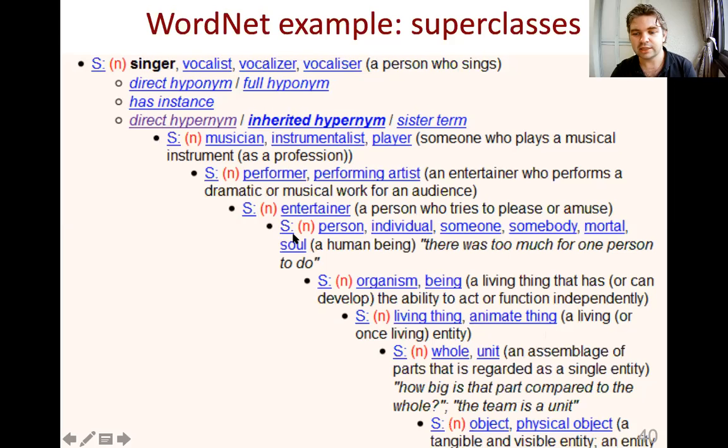So basically this is how the whole hierarchy looks, and you can see that there are multiple levels of hierarchy, right? There's an object, physical object, whole unit, living thing, animate thing, organism, person, entertainer, performer, musician, and so on.